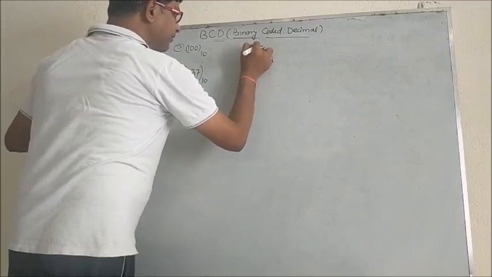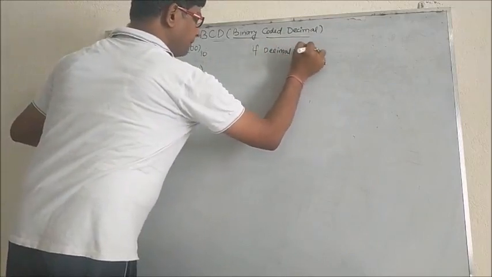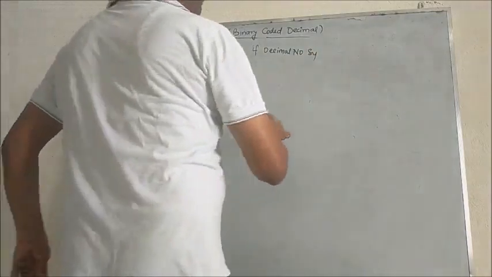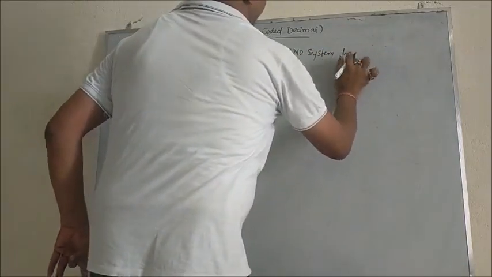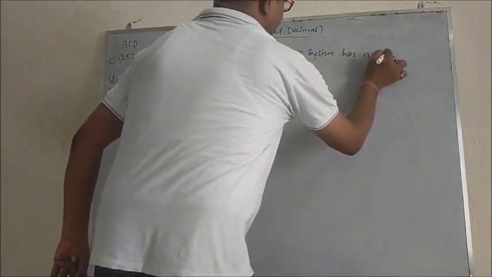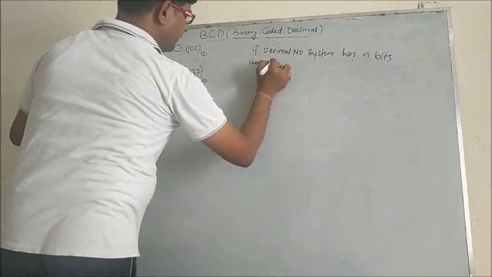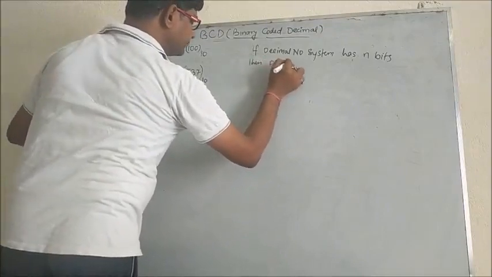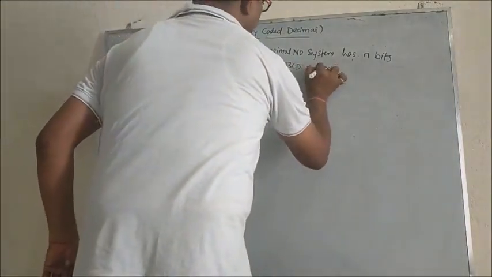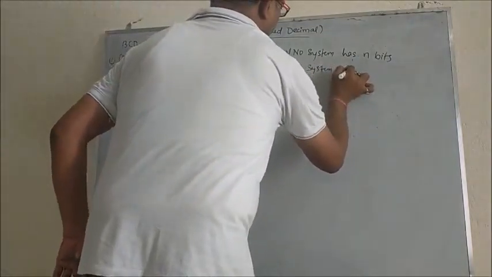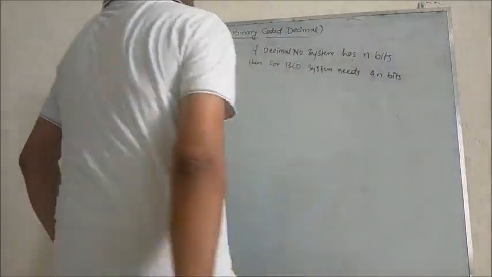For reference, if the decimal number system has n digits, then the BCD system needs 4n bits. 4n bits, right? Fine.